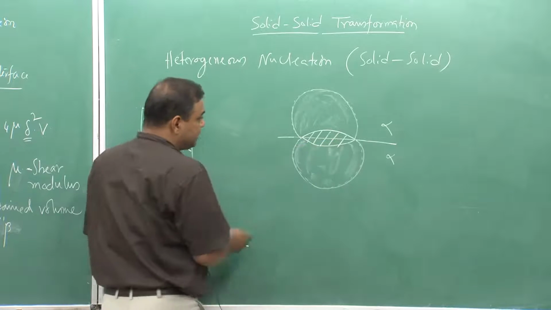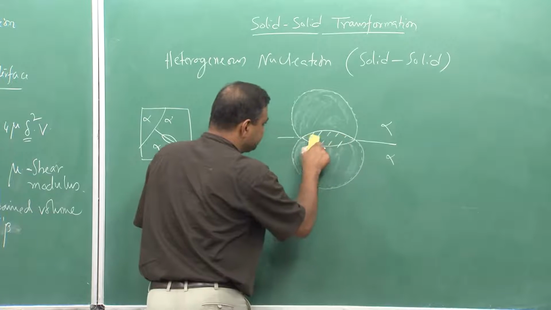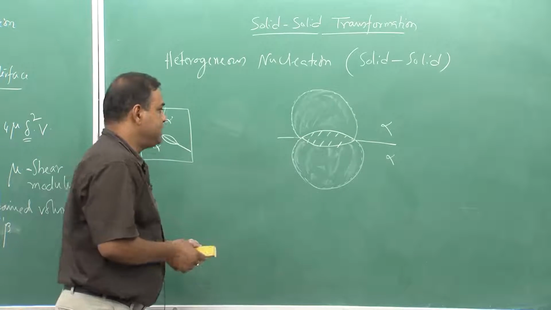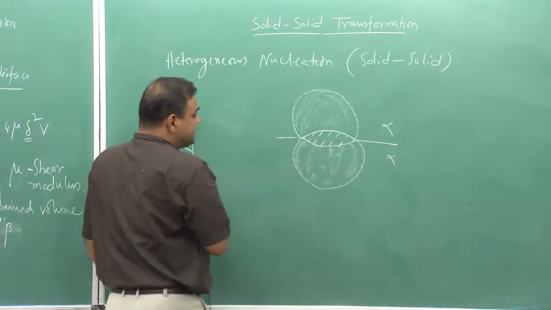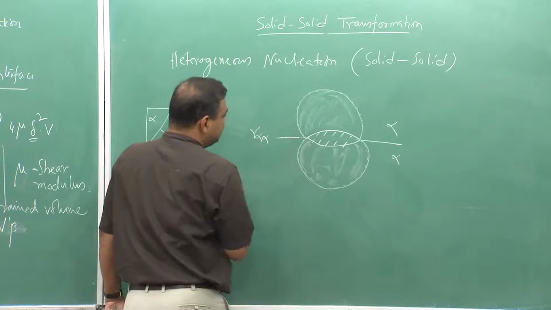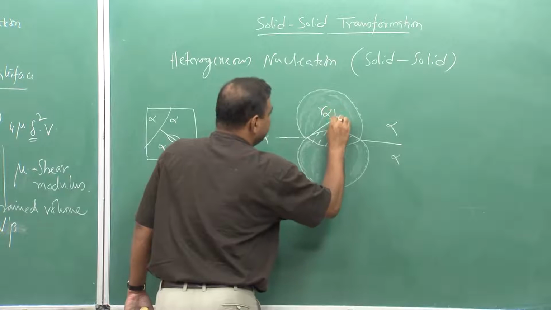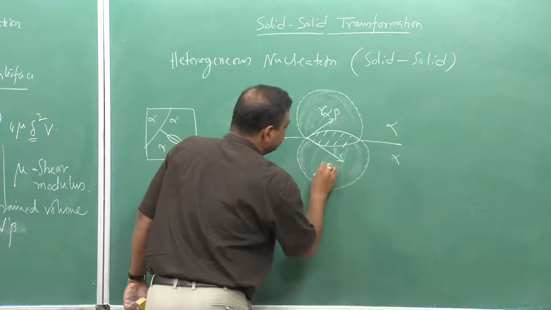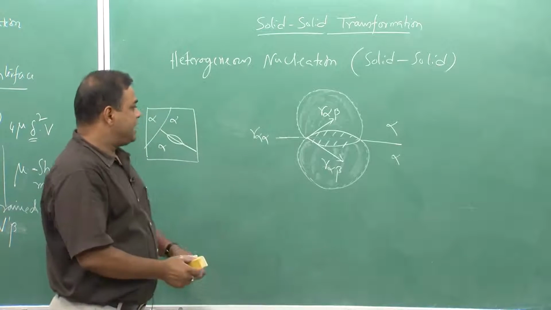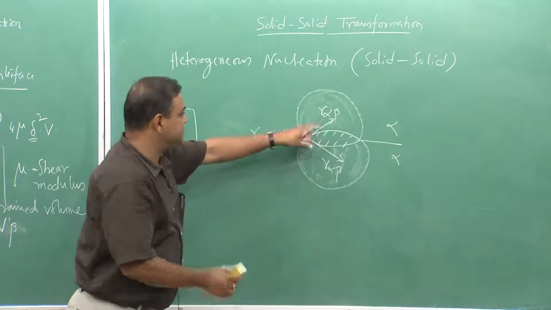Now, here we see that the center part where this alpha-beta interface was existing, that interface is out. So, now we have three interfaces. One is gamma alpha alpha, another is gamma alpha beta, and another one is also gamma alpha beta. Now I can treat them as vector quantities, the forces.